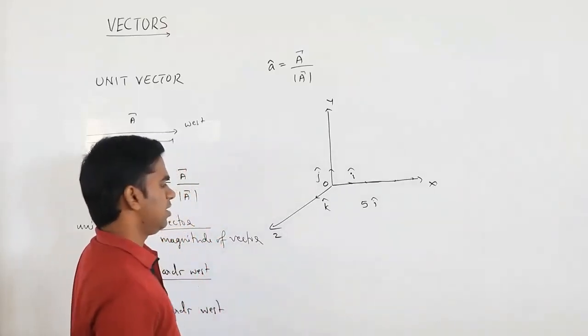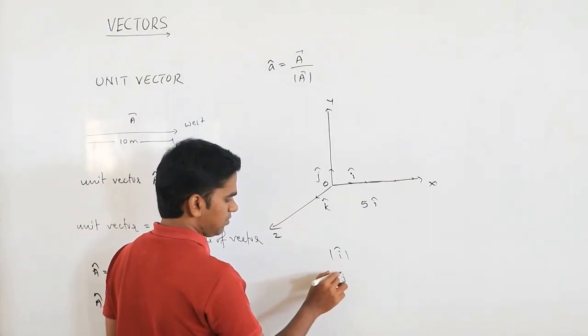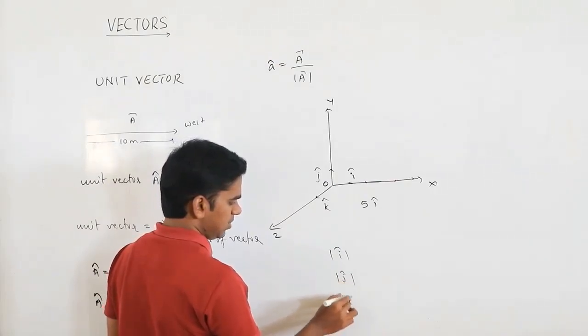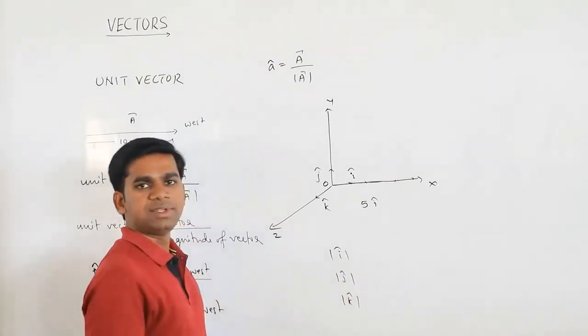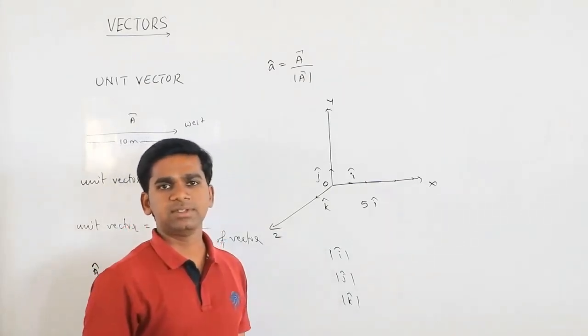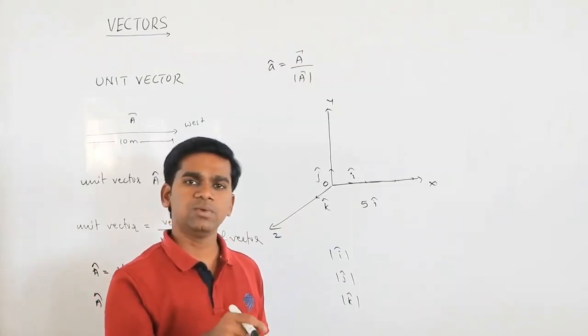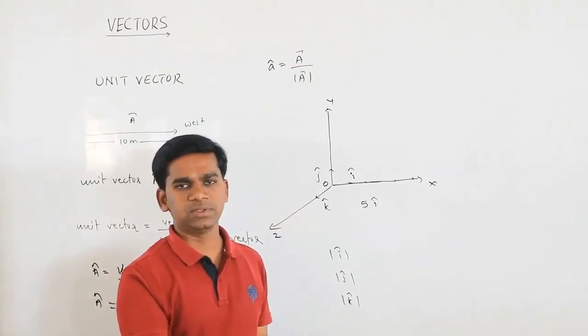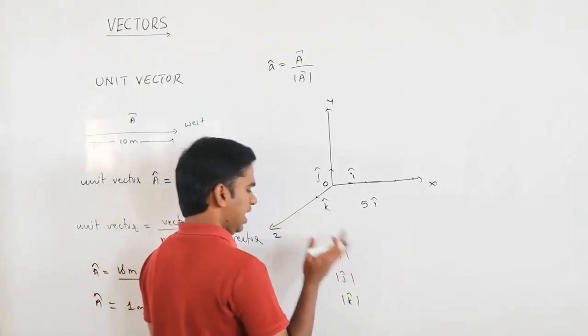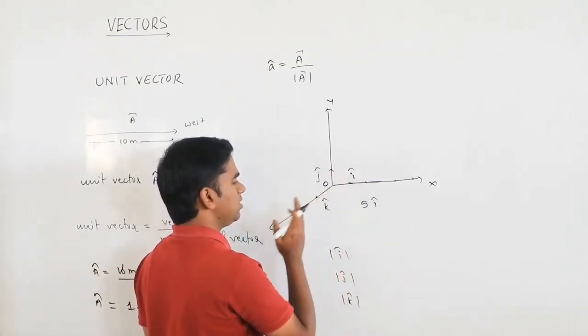In the last class I asked you what is the magnitude of i cap, magnitude of j cap, and magnitude of k cap. As the name suggests, unit vector means the vector whose magnitude is equal to unity. So obviously i cap, j cap, k cap are the unit vectors along x, y, z.